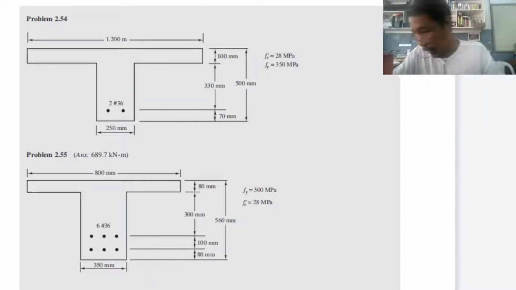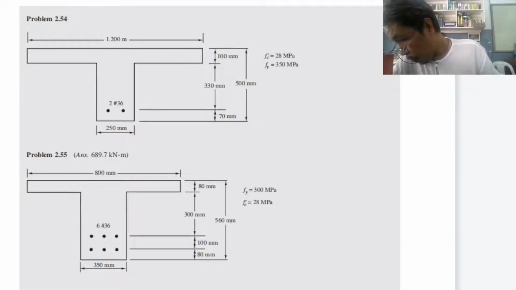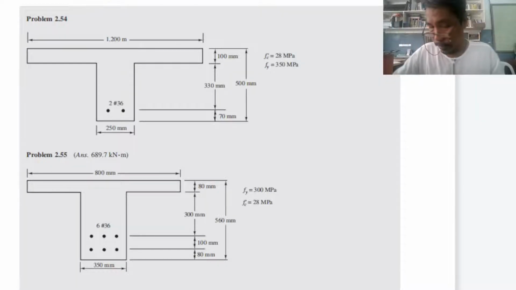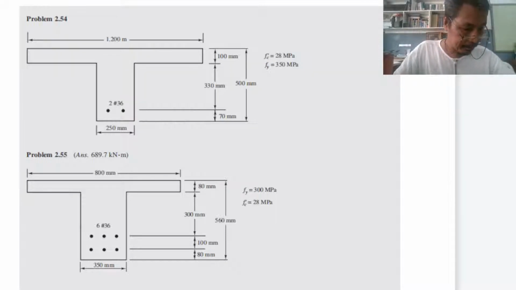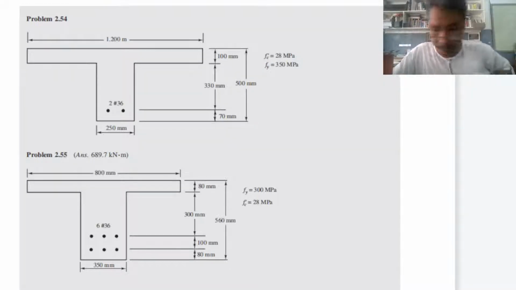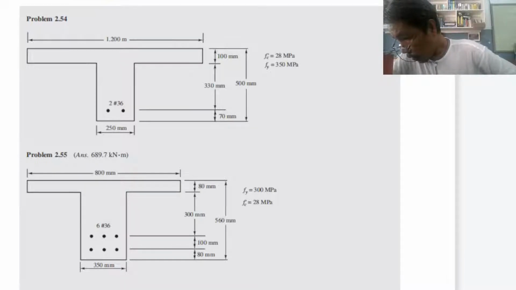So again, let us assume that we have this type of T-beam, and this is now our crack model. This is our crack model right now. This is already 100.